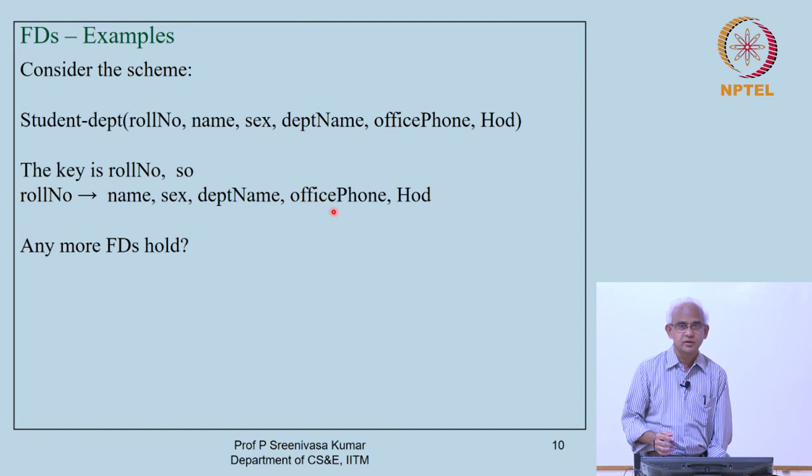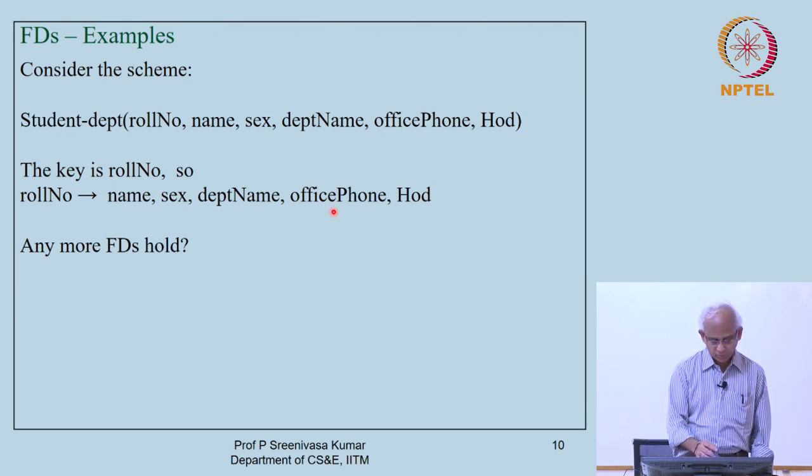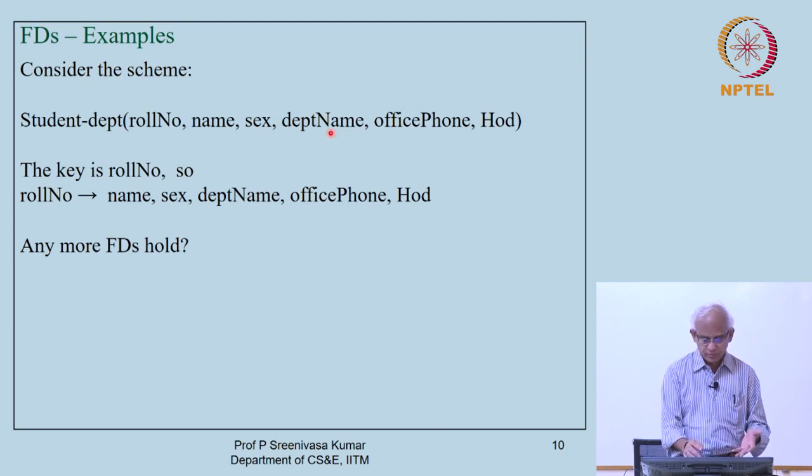What about any other FDs that exist here? Any more FDs exist? Now, let's pick up some attributes and see whether they determine any other attribute. That means, if two rows agree on that attribute, then they have to agree on some other attribute, right?